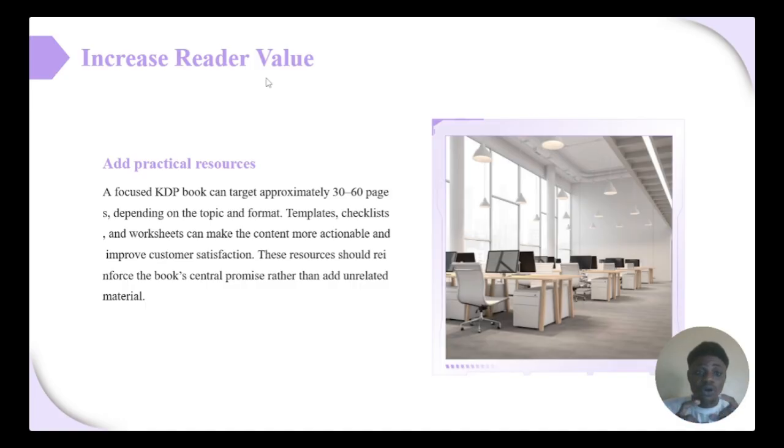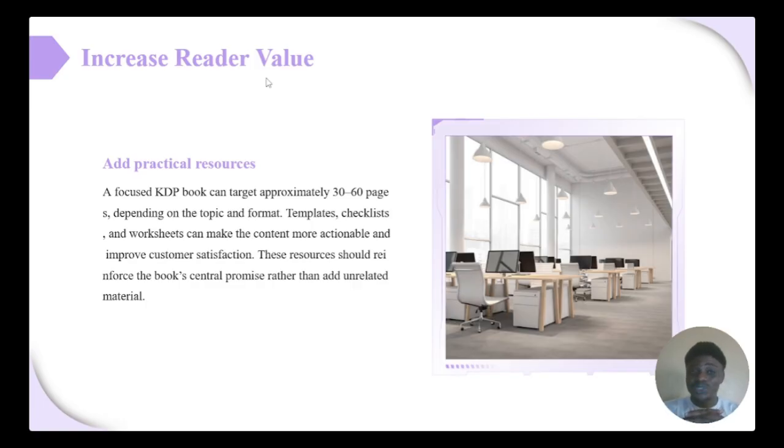So, a KDP book of 30 to 60 pages, it's okay. More than that, nobody's reading. Even at 60 pages, your potential customers may not even read through the whole thing. Some people just swipe and glance through it, find the important parts, and take the information there and do what they want to do with it.